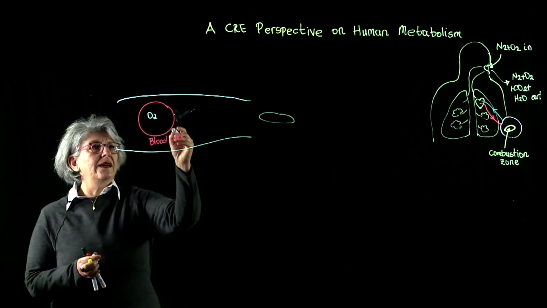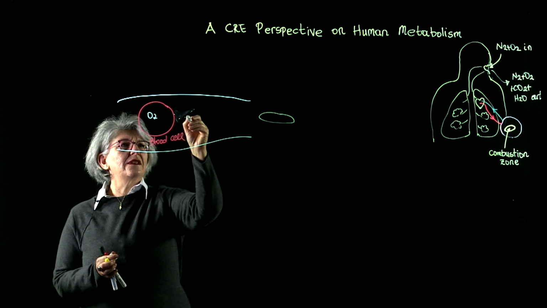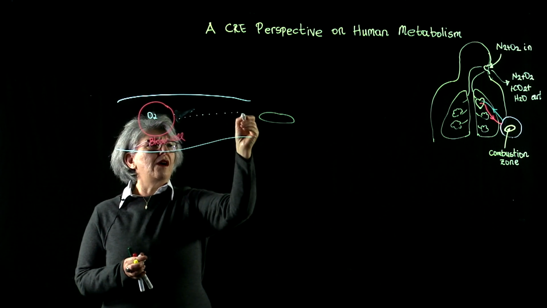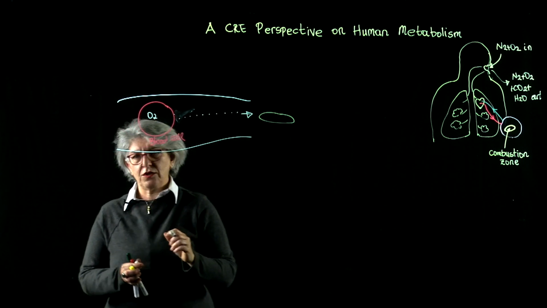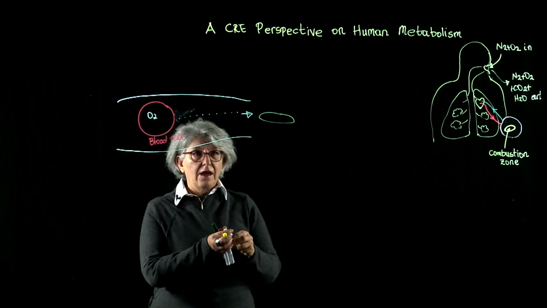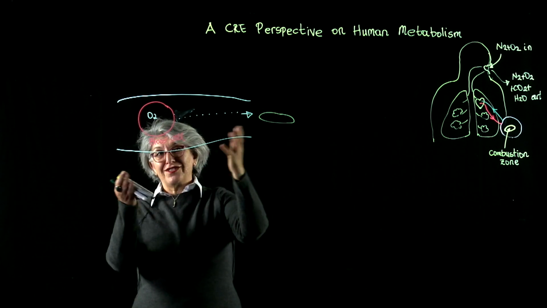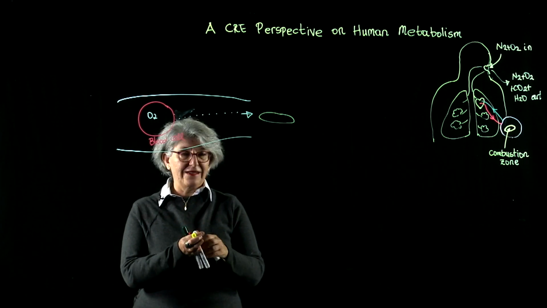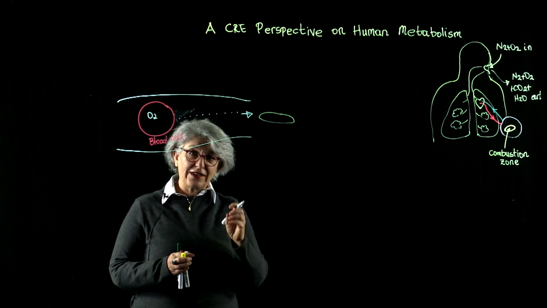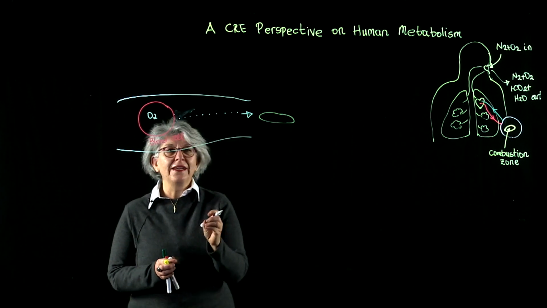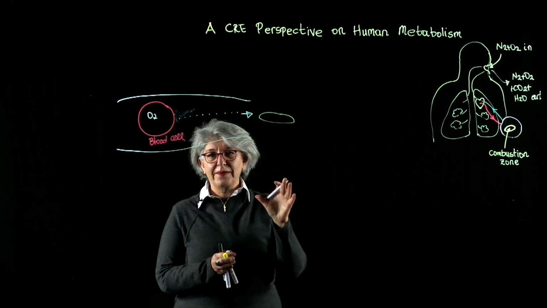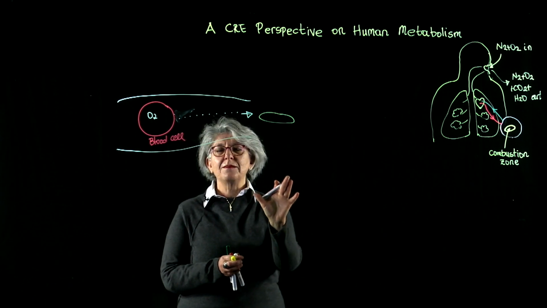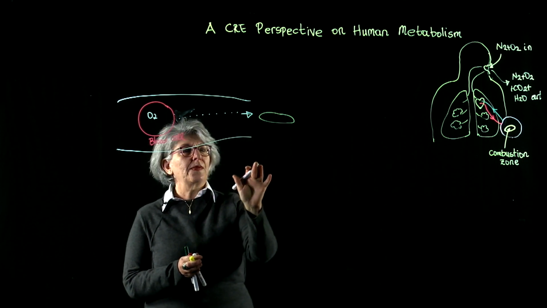All right, and the blood cells are being transported through our veins to the mitochondria. Of course, things are not to the scale, and we are just generating a chemical engineer's perspective. Things are not drawn to the scale, but understanding the physics and chemistry of the problem is important here.